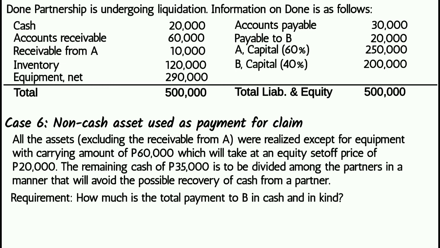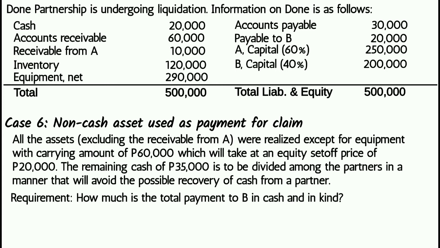Next, case 6, non-cash asset used as payment for claim. All the assets, excluding the receivable from A, were realized except for equipment with carrying amount of 60,000 pesos, which will be taken at an agreed settlement price of 20,000 pesos.